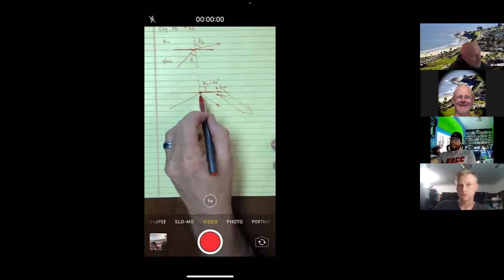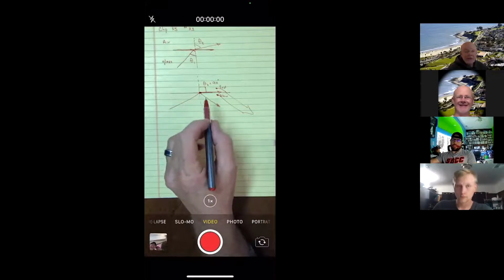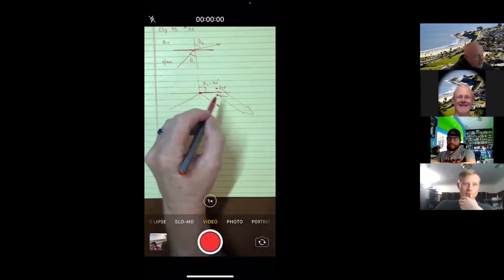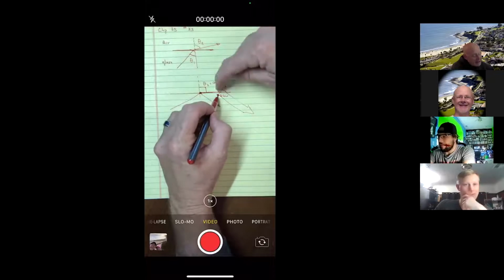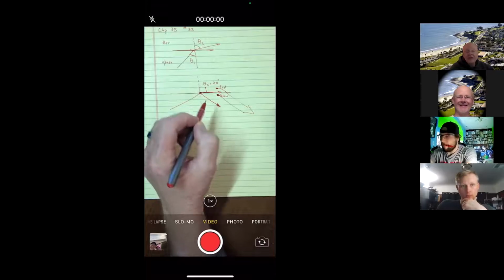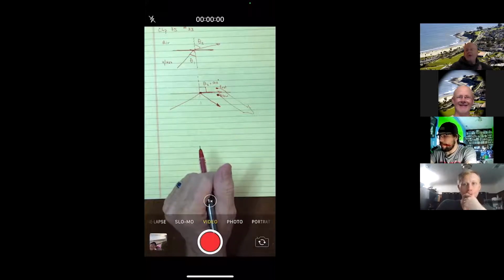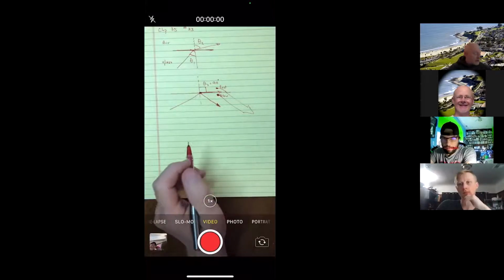It bends enough to be 90 degrees, and that's how we're going to put it into Snell's law. But once it's at 90 degrees, with half of it in the slow material and the other half in the fast material, it'll bend around and ultimately reflect. So it's best to draw it as a reflection, and that's why it's called total internal reflection. But when we do the calculation, we use 90 degrees.